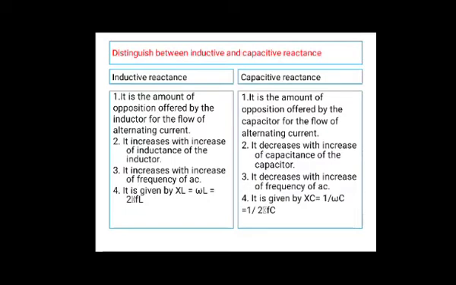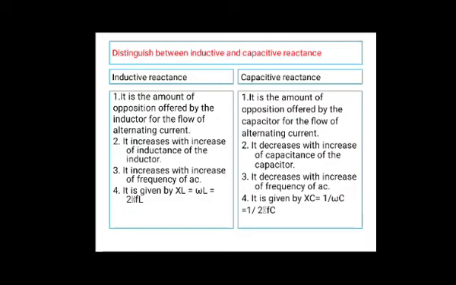So expression for inductive reactance is XL is equal to omega L. That's why XL is directly proportional to L. And since omega is equal to 2 pi F, F and XL are directly proportional. That's why XL increases with increase of frequency.